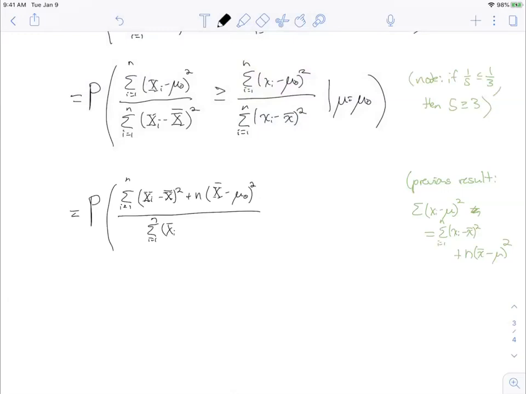I'm basically just doing the things that I need to do to arrive at a t-test at this point. So that's the left-hand side, and the right-hand side is going to have the sum i equals 1 to n of lowercase xi minus lowercase x bar squared plus n times lowercase x bar minus mu 0 squared.